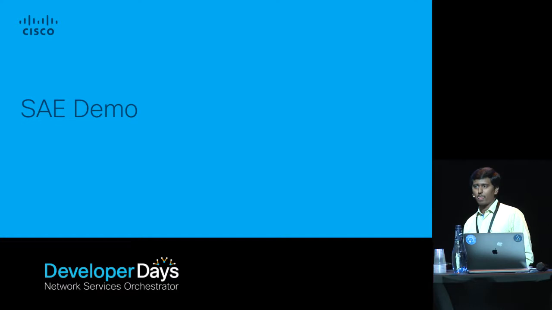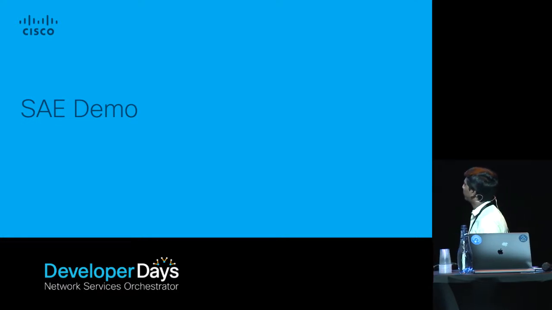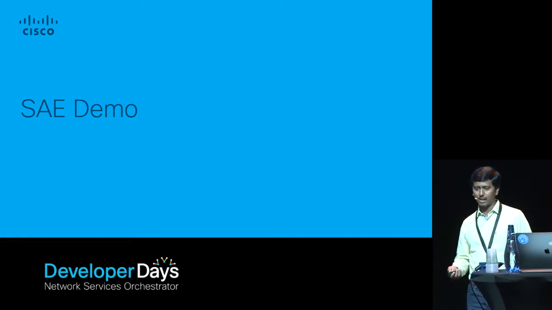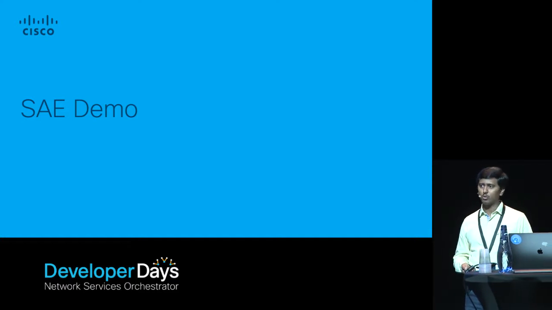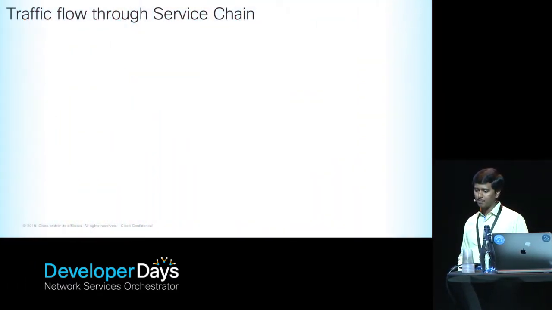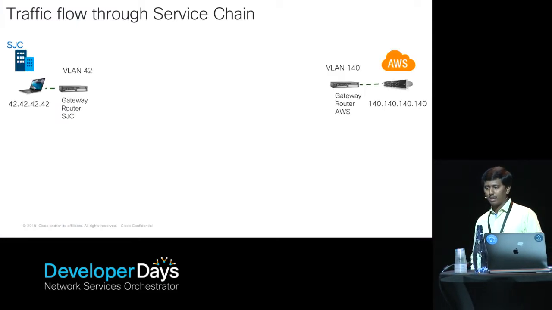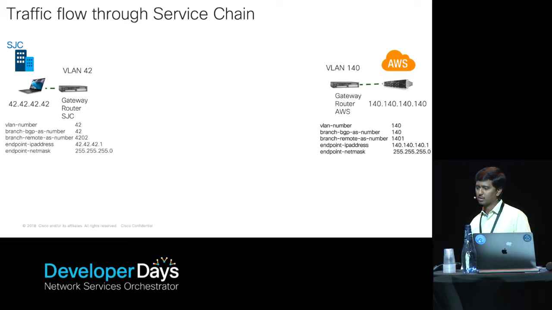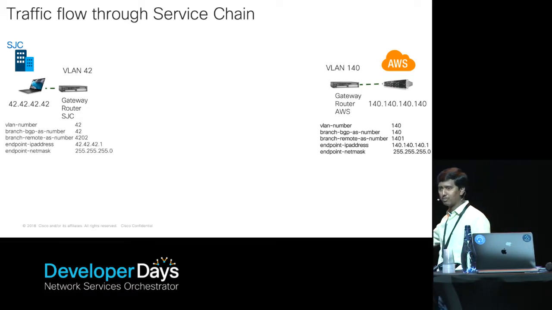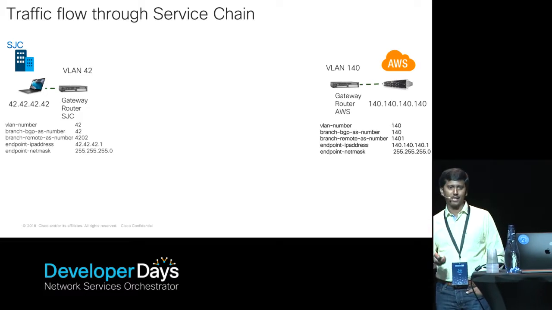Right, so this was a brief overview of SAE. I will walk through the demo to show how we do this right now. For example, I have a San Jose site with my branch office connected to the gateway routers, and these are the handoff mechanism available at my site.